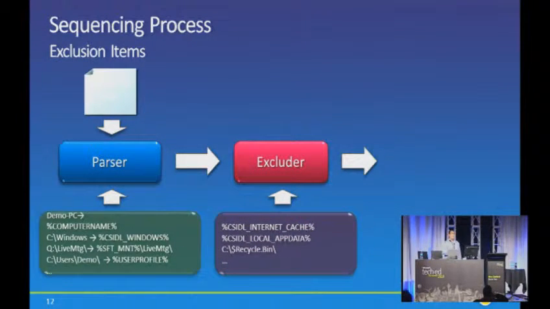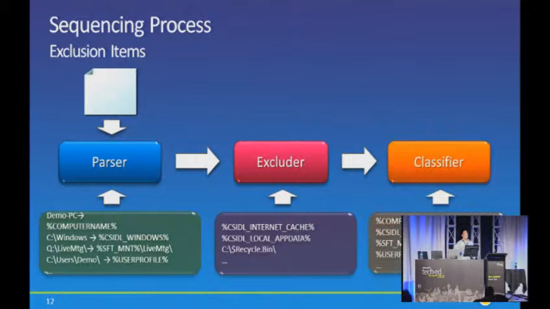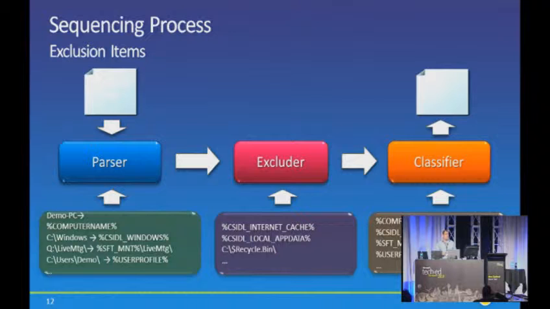What the excluder does is take a number of locations known to the sequencer and say, this information is generally rubbish, we don't want to capture that. Things like your internet cache and a number of other areas. Then we classify all of the data, either into application data or user data, and once we've done that, we save the output SFT file. So with this in mind, what do you think is actually taking place at this moment in time?